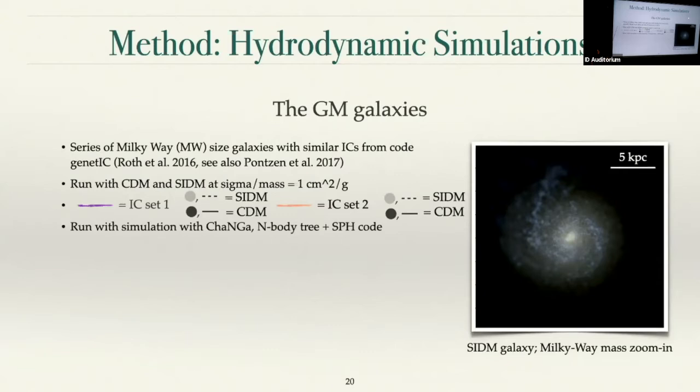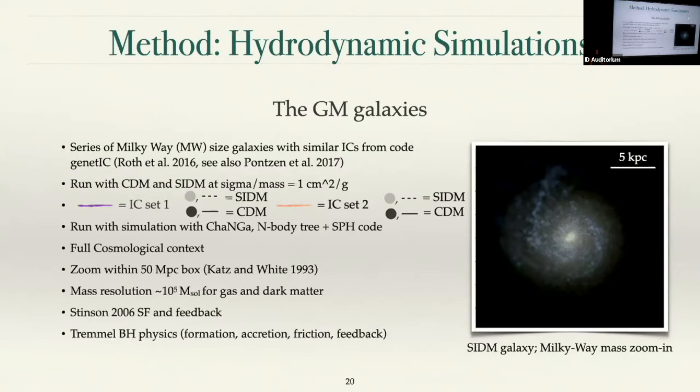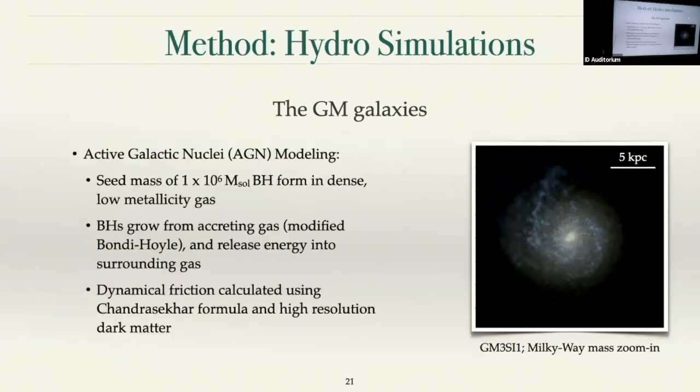This is run with Chang'e in a fully cosmological context, zoom within a 50 megaparsec box, and a mass resolution of 10 to the 5 solar masses for gas, stars, and dark matter. You have Stinson feedback and Tremmel black hole physics, which we saw yesterday maybe has some shortcomings. So maybe we'll do this study again with newer galaxies, a more robust study coming up.